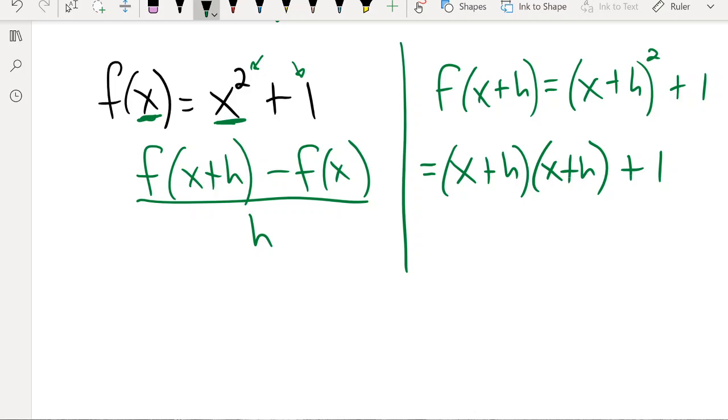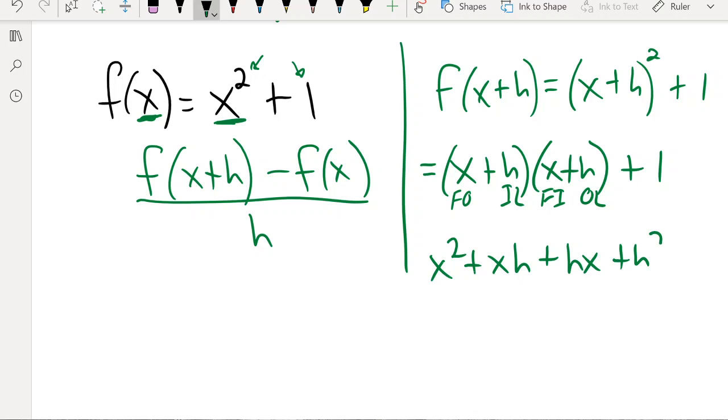So I'll copy that over into my f of x plus h, and let's FOIL this out. First times first, x squared; outer times outer, xh; inner times inner, plus hx; last times last, h squared; and of course that plus 1 has to hang around. He's going to just hang around us a little bit here today.